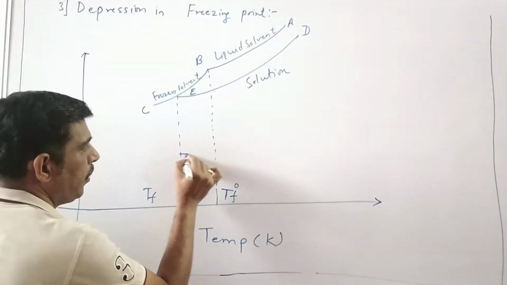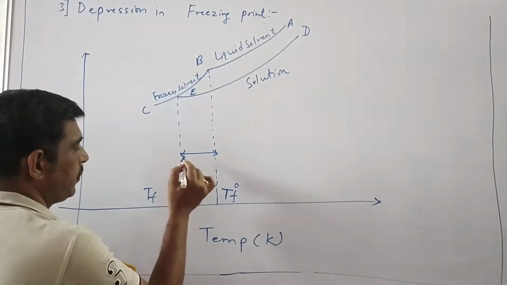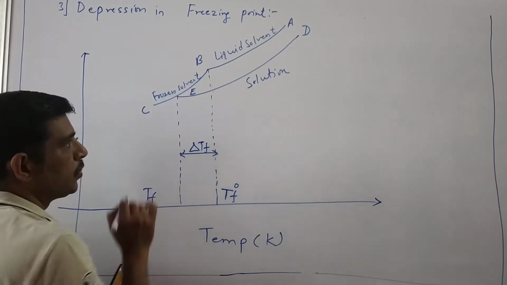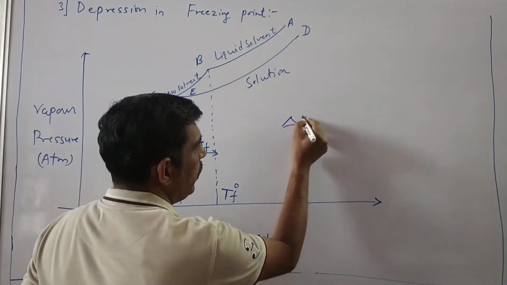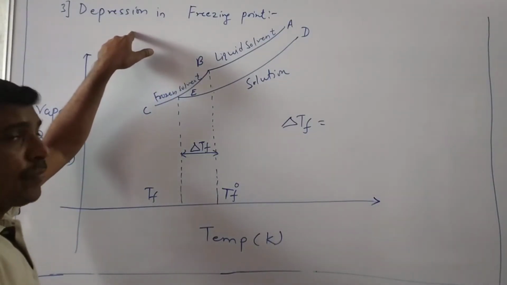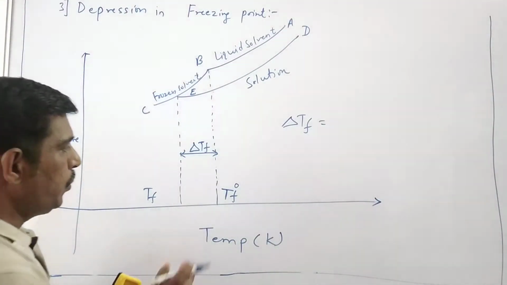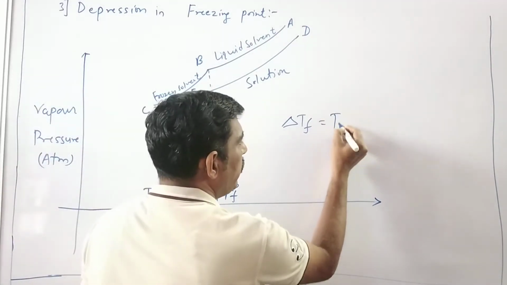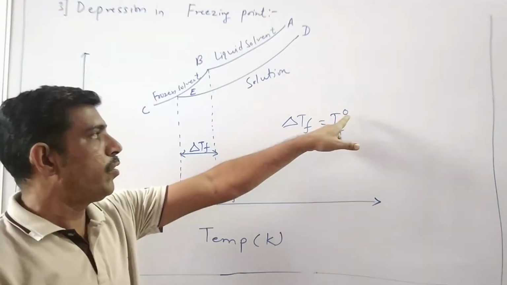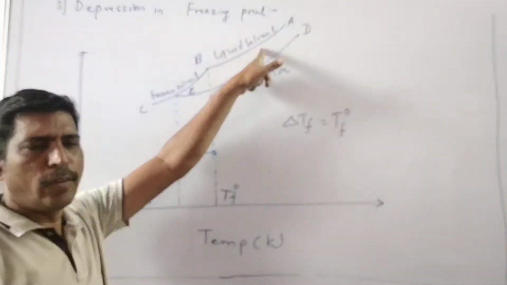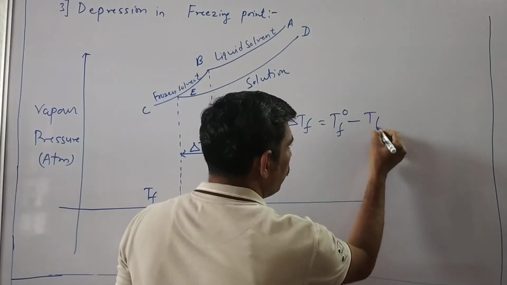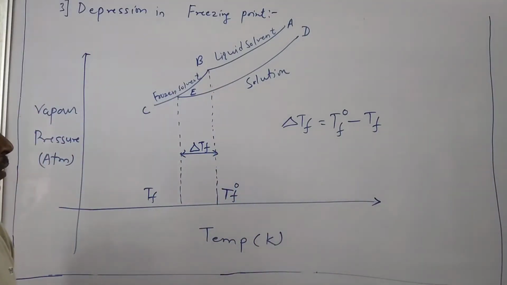So from the graph we will get a difference, that is delta Tf. What is delta Tf? Delta Tf, the depression in freezing point, is equal to Tf naught, the freezing point of the liquid or pure solvent, minus the freezing point of the solution.